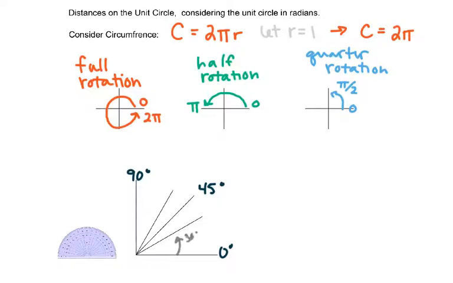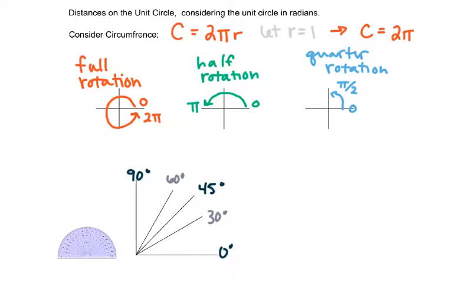We add 30 degrees, that gets us here to 30 degrees. That looks kind of messy. Add another 30, takes us to 60, and another 30 degrees there takes us to 90. So you guys believe that these are the special numbers that we're going to use for these angle measures.